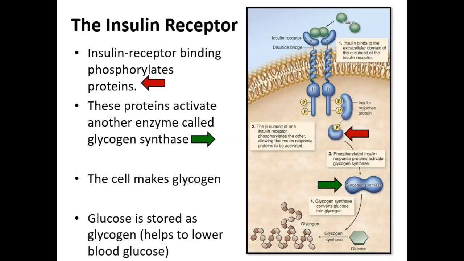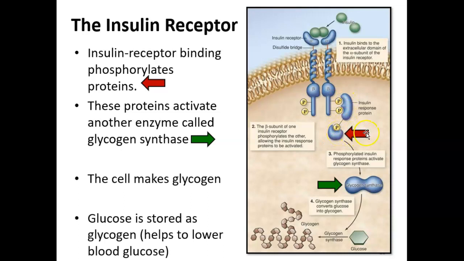For now, let's just look at the mechanics of the insulin receptor one more time. In this diagram, insulin is green, the receptor is blue. When the insulin and receptor binding occurs, this receptor will phosphorylate, that's what the P's are, proteins inside the cytoplasm.